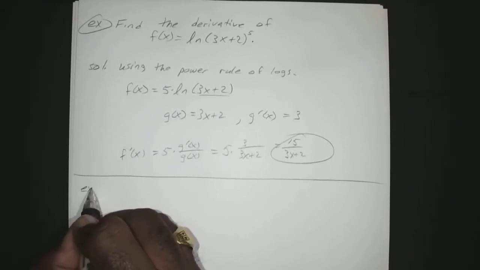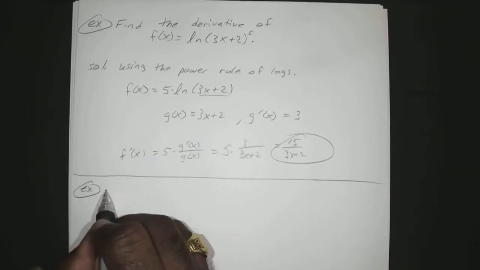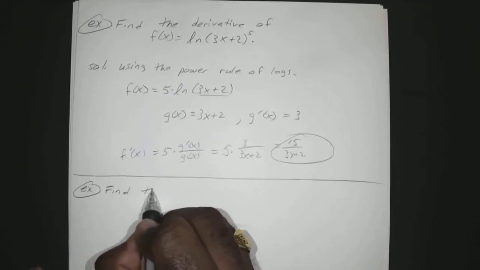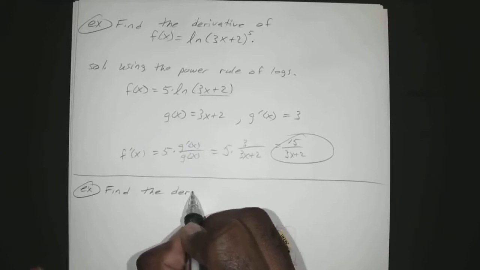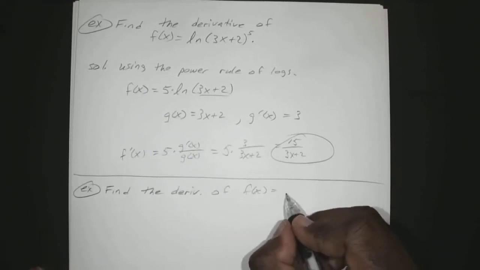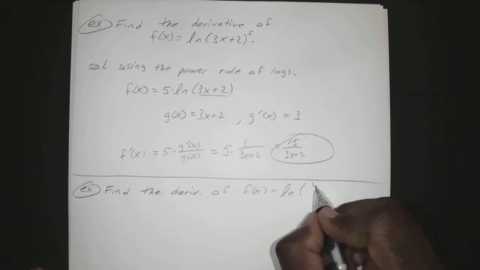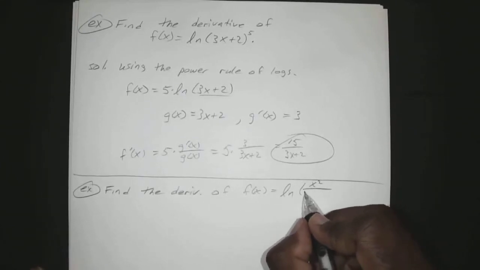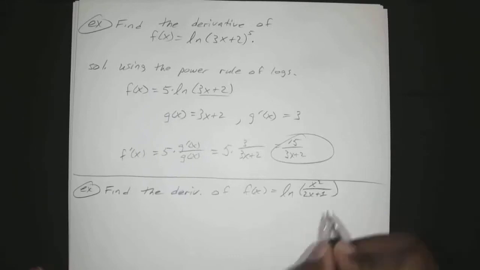Okay, so let's say if we have another example. Find the derivative of f of x equals the natural log of x squared over 2x plus 1. Okay.